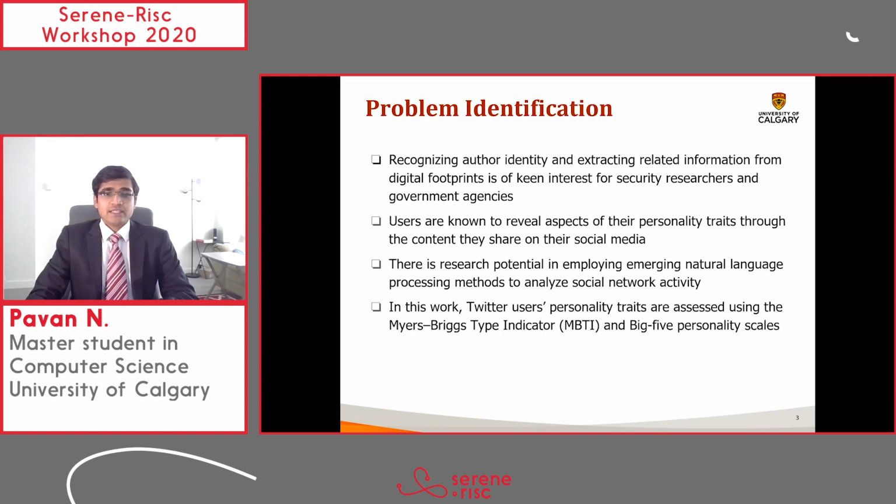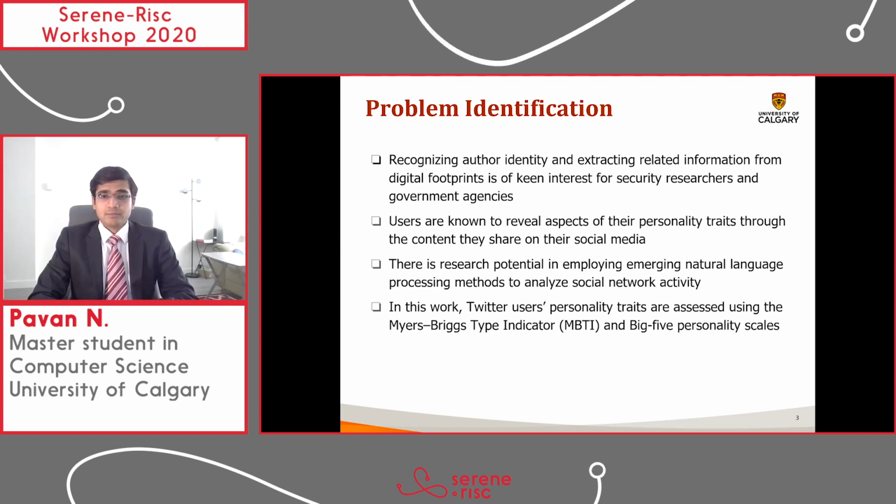Okay, so recognizing author identity from the text or information available on social media is of keen interest to security researchers as well as government agencies. We have seen that users are revealing their personality traits on their social media usage via the content that they share, as well as the text and the language that they use on social media.